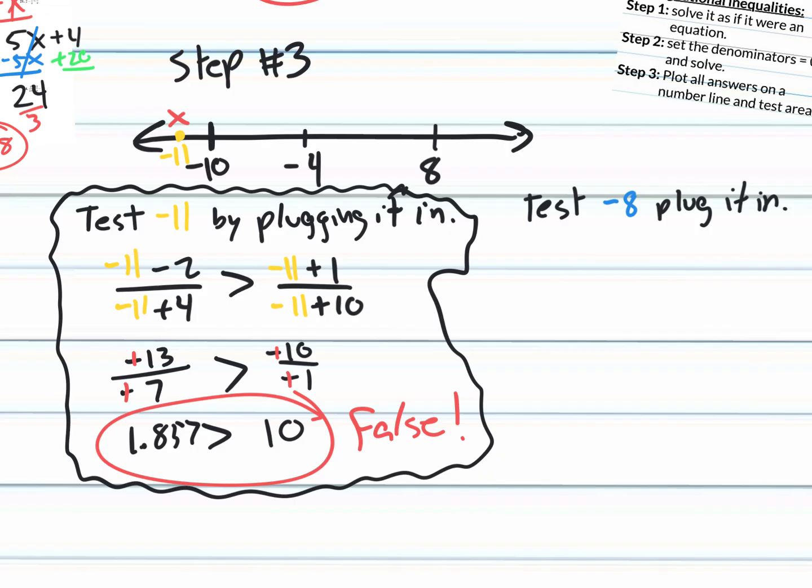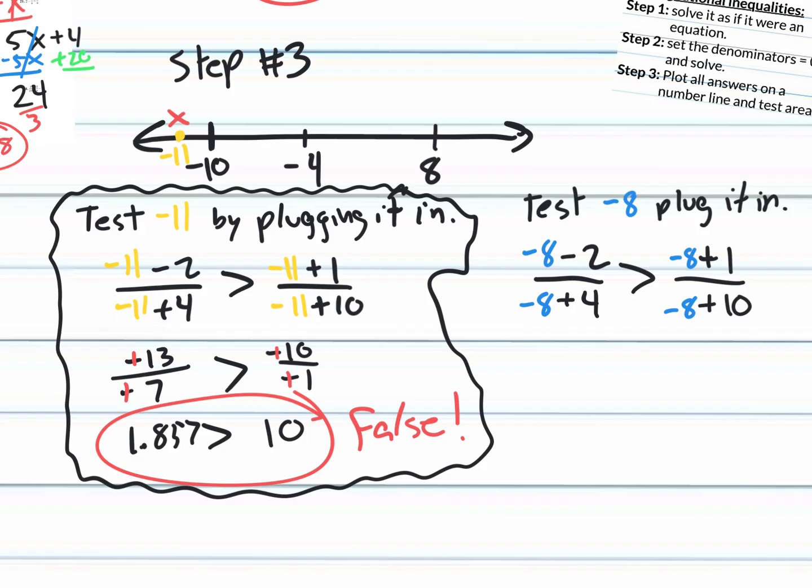So I'm going to start by just rewriting it. I have that with the minus 2 greater than that with the plus 1, and then plus 10 down here, and a plus 4 over here. And we are plugging in a negative 8 instead of the negative 11s. The negative 11s did not work. Let's see what happens with the negative 8s.